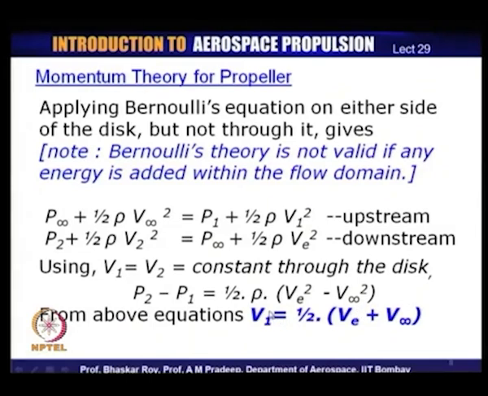This is a very important concept which comes from momentum theory, and allows even the experimentalists to find out what the velocity of the air is at the propeller, which is, as you know, extremely difficult to measure.